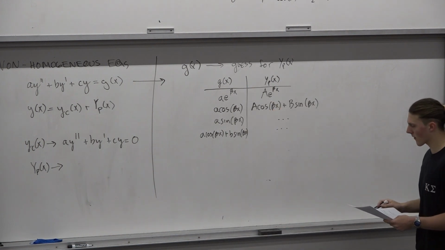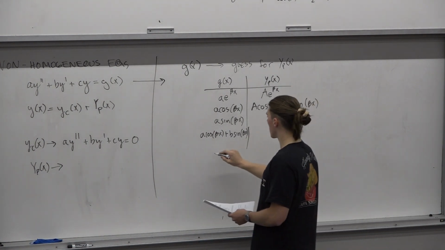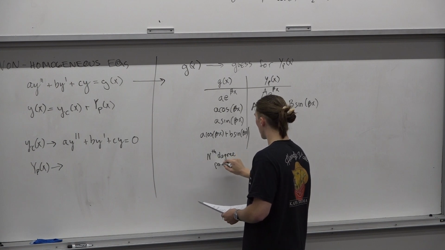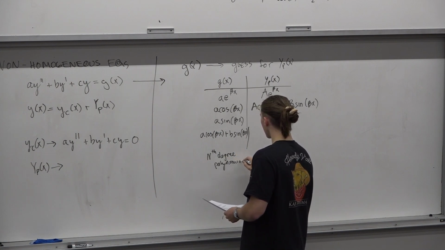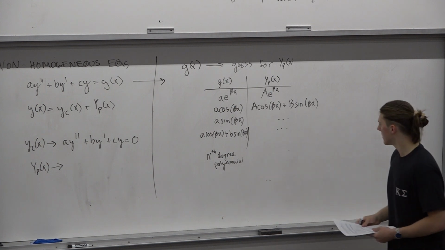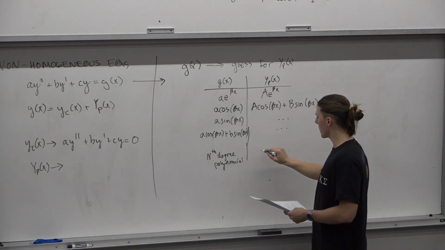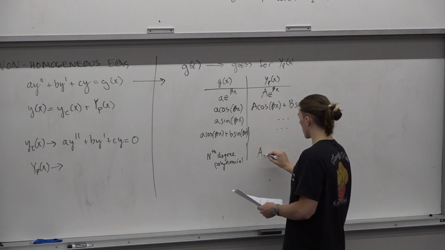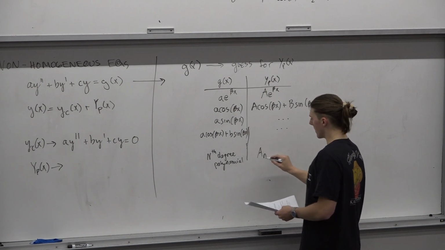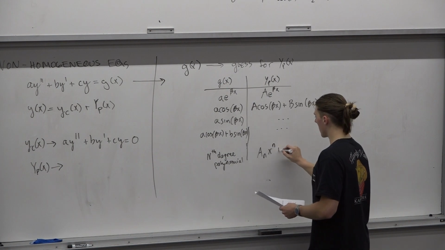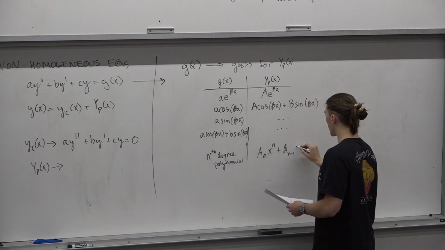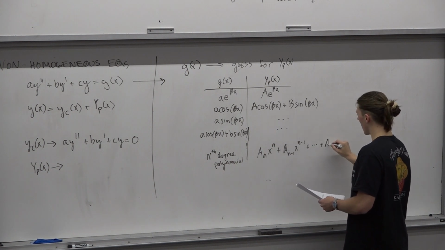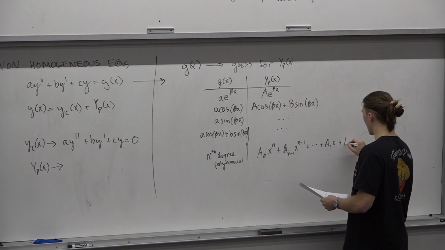The last case is if we have some nth degree polynomial. In this case, we kind of replicate it with some coefficients. So writing it out formally, we have a n x to the n plus a n minus 1 x to the n minus 1 plus dot dot dot a1 x plus a naught.